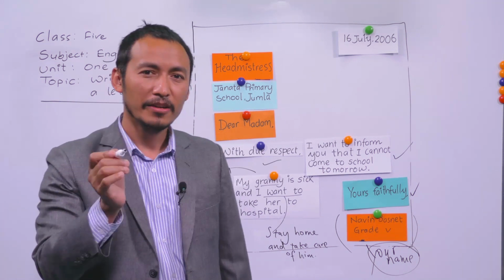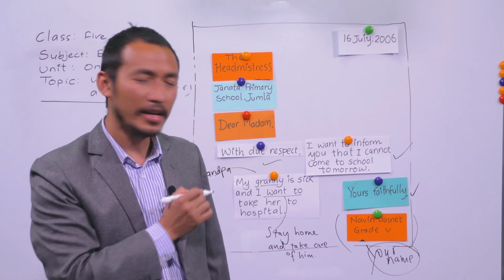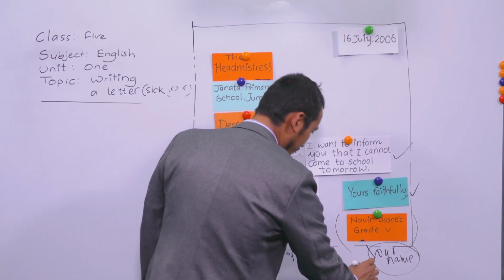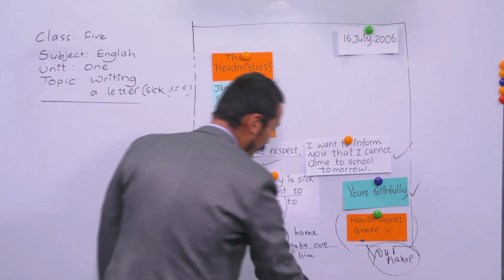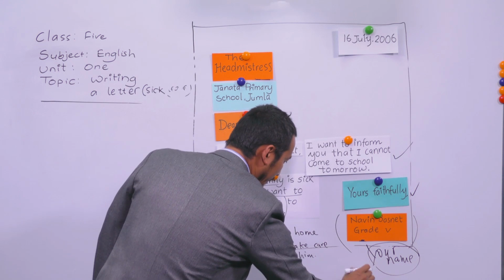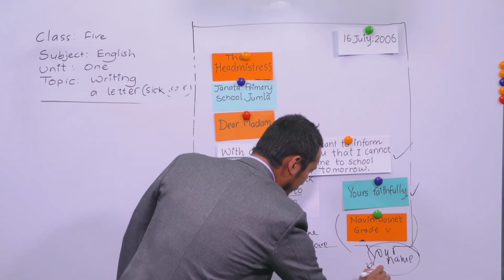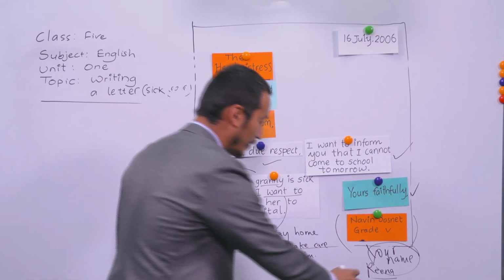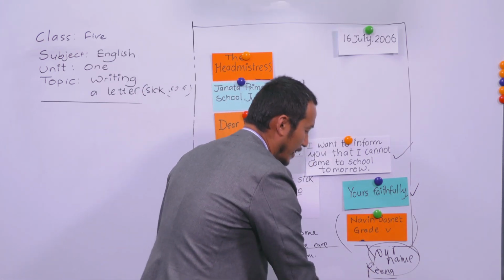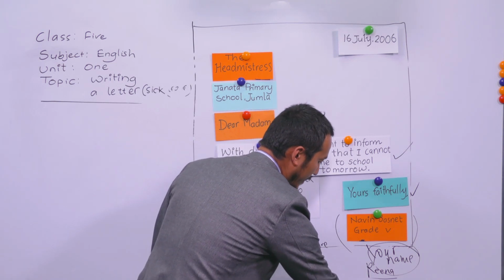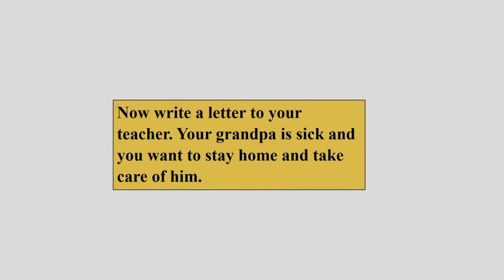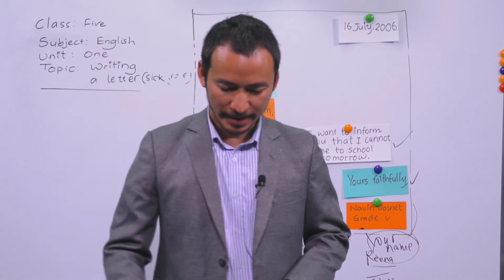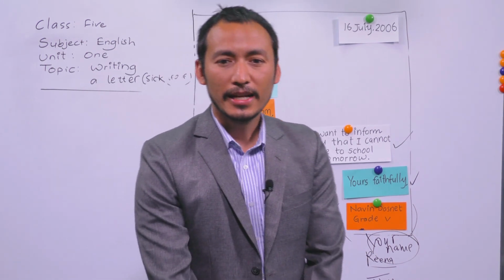Write the name which you said. If your name is Rina, you write Rina here, and your surname, you sign here, you give a signature, and you can also write your class. All right, this is the way you can develop your sick leave letter.